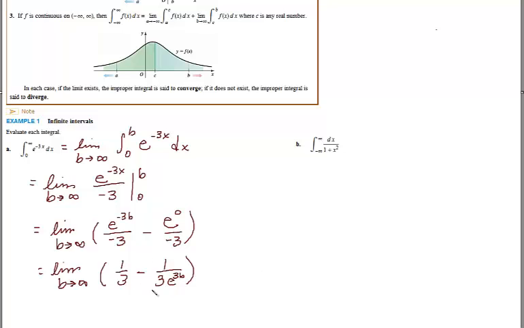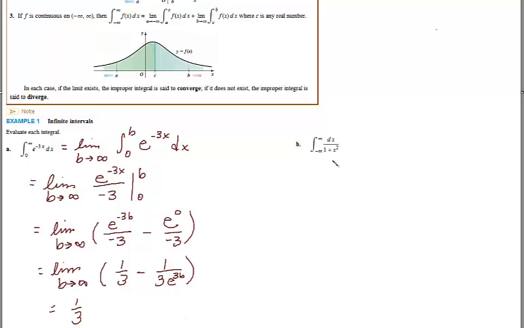Alright, here's what I get, just rearranging this a little bit, and the first one is 1/3. The first term, I'm just going to use the property where I can take the limit of each because it is a sum. And then as b goes to infinity, this denominator gets bigger and bigger, and this guy then heads off to 0. So it is 1/3 minus 0, and this answer is then 1/3.